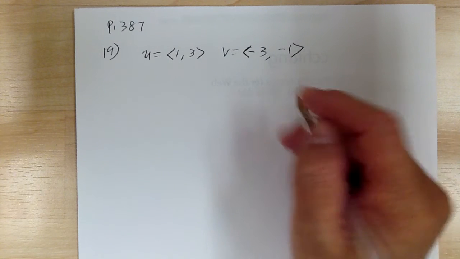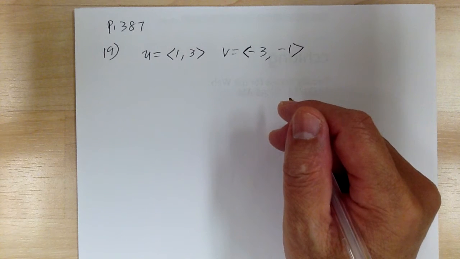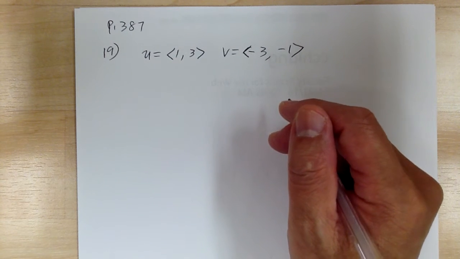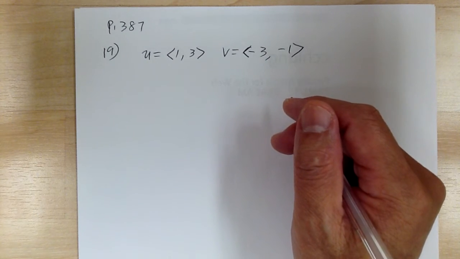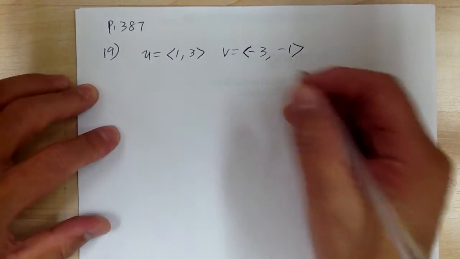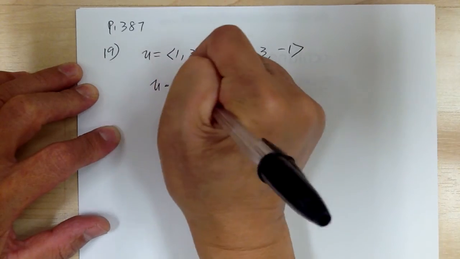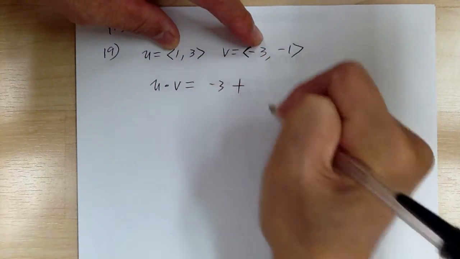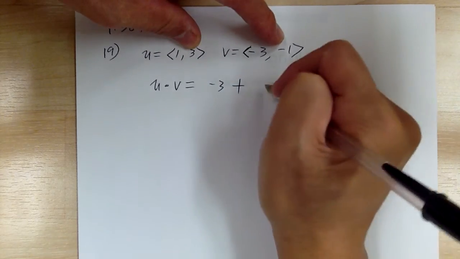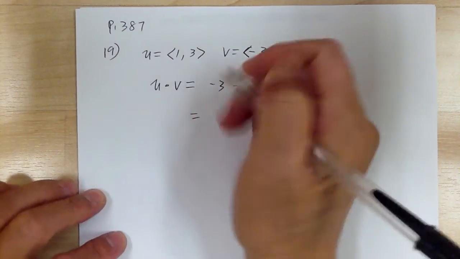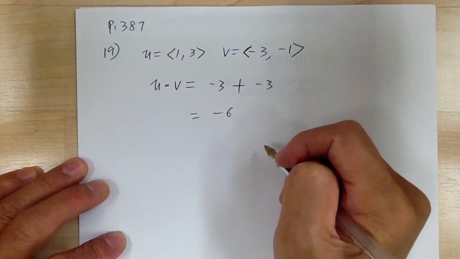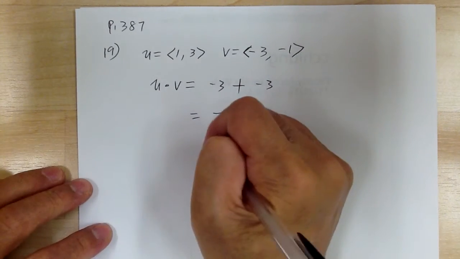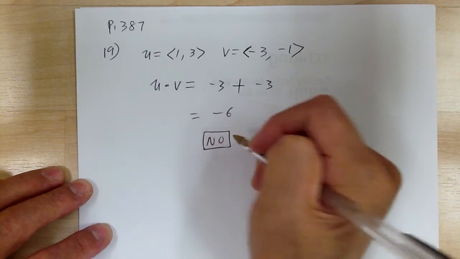You want to find if these two vectors are perpendicular. So what you do is take the dot product. u dot v is equal to 1 times negative 3 is negative 3, plus 3 times negative 1 is negative 3. So this is negative 6. Therefore, it's not perpendicular.